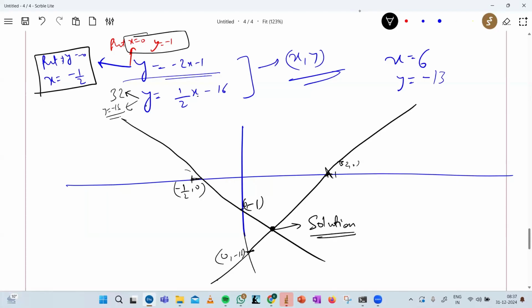This solution, what you told me, 6, -13. See, 6 is in between 0 and 32, and -13 is in between 0 and -16. Somewhere here is -13. This is your solution.